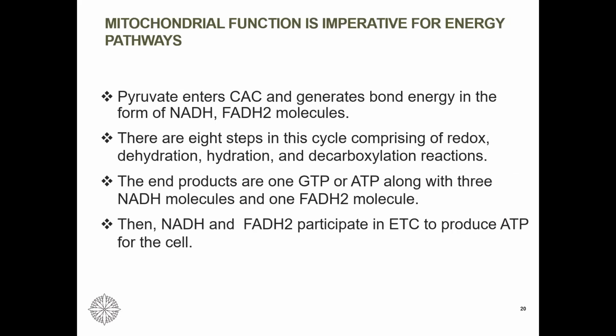And from an exam perspective, you do not have to remember that number. But remember that in the process, we are also making NADH and FADH, and we are making them from niacin and riboflavin. So these are the active forms of niacin and riboflavin.